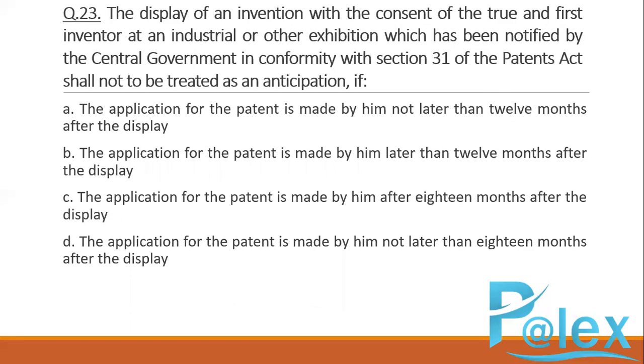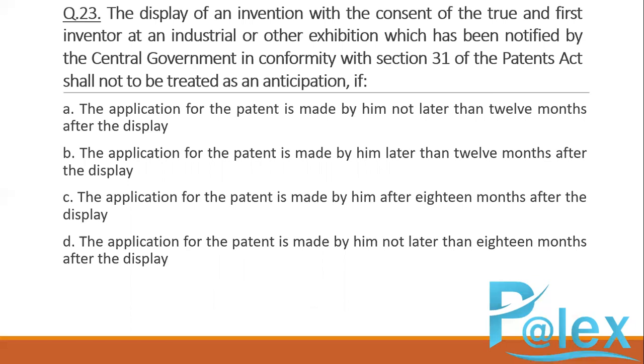Now, the display of an invention with the consent of the true and first inventor at an industrial or other exhibition, which has been notified by the central government under section 31, shall not be treated as an anticipation.